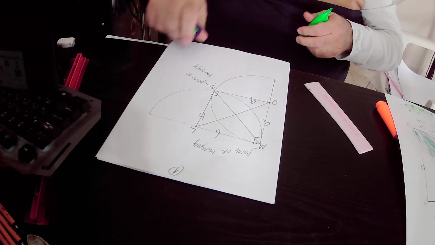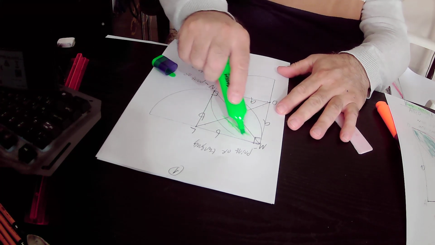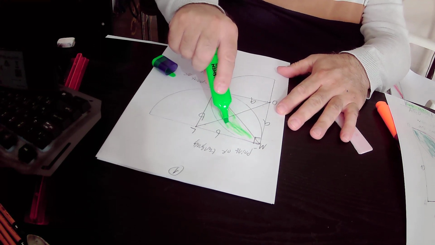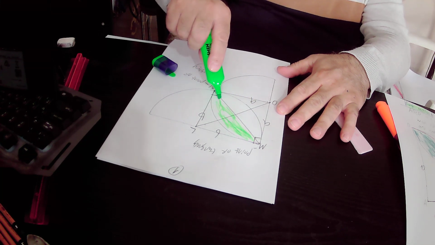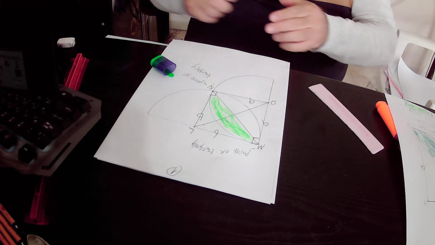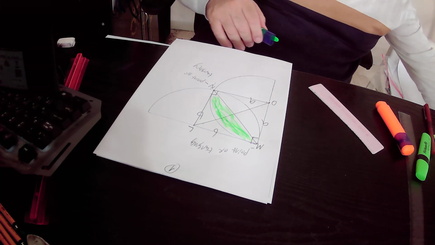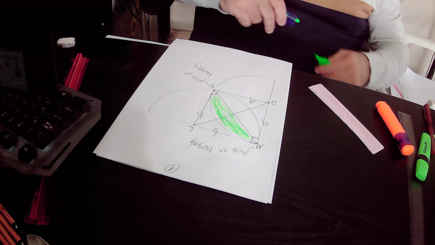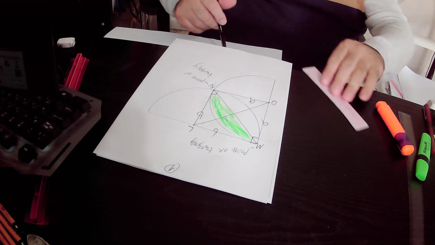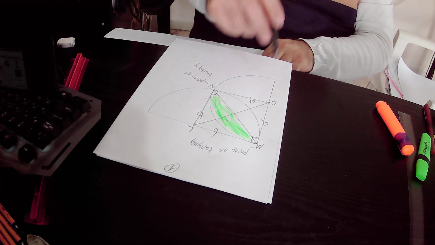So we'll start with the area of this upper circular segment, then we'll find out the area of the lower circular segment. So what is the area of the upper circular segment, the area of the green circular segment MN?